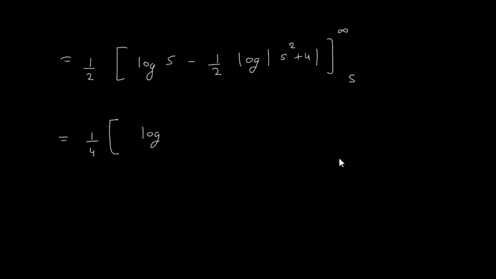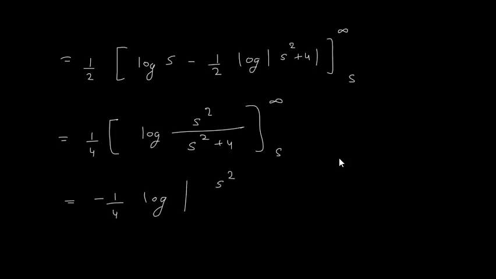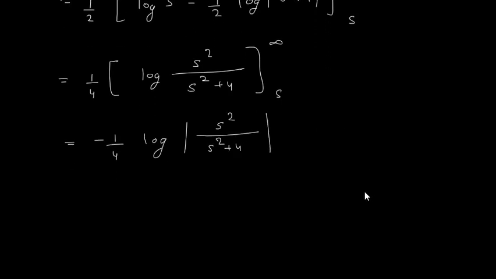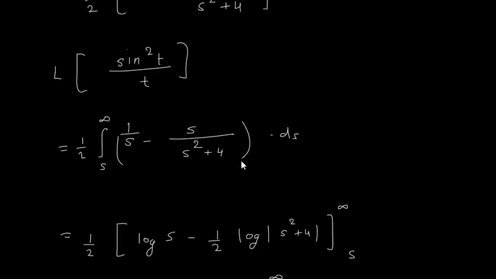So log of s square minus log of s square plus 4 will become log of s square upon s square plus 4, from s to infinity. When we put infinity, I will get 0. And when I put the lower limit, it will be the same, so it is minus 1 upon 4 log of s square upon s square plus 4. This minus I will remove, and I will say that this is 1 upon 4 log of (s square plus 4) upon s square. So this is the answer for Laplace of sin square t upon t.